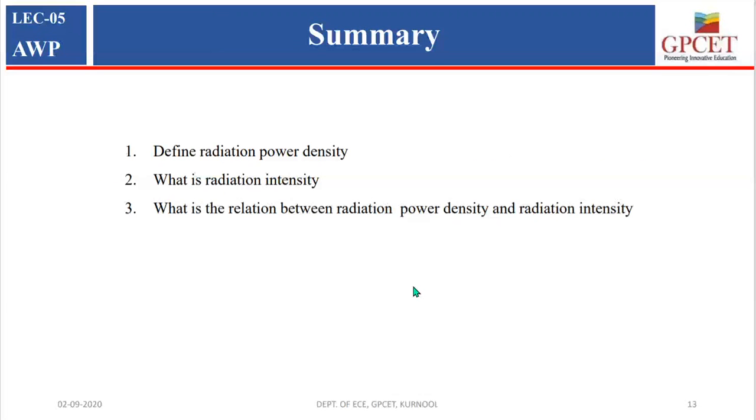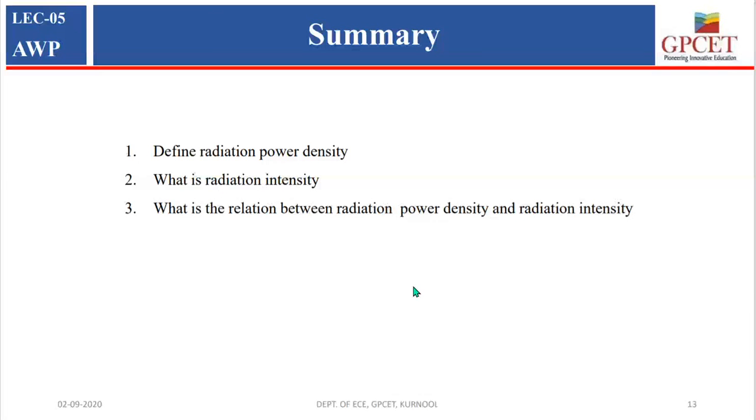Coming to the summary, in today's class we defined the radiation power density and radiation intensity, and then we tried to understand the relation between these two terms. Before that, we also solved two problems related to the half power beam width and beam width between the first nulls.